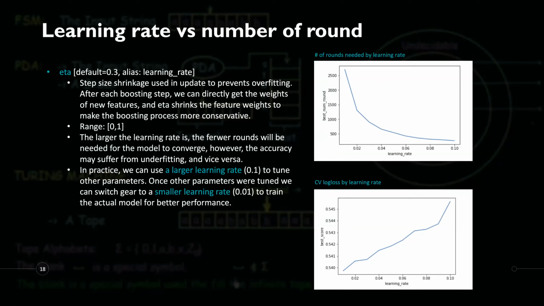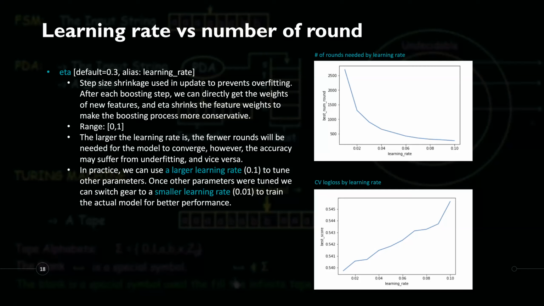If your step size is 3 meters, you probably need 30 steps to finish the 100 meters of run. But if your step size is 5 meters, you probably just need 20 steps. The learning rate indicates how fast we want the model to learn.